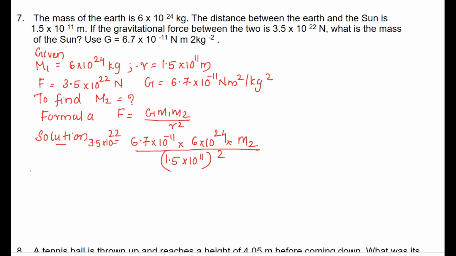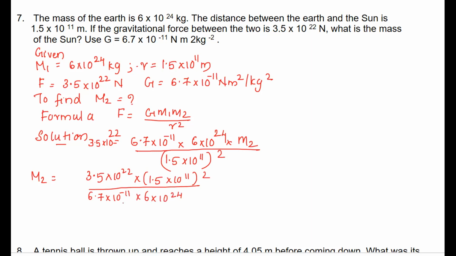So on cross multiplying, we will get M2 is equal to 3.5 into 10 raised to 22 into 1.5 into 10 raised to 11 the whole square, upon 6.7 into 10 raised to minus 11 into 6 into 10 raised to 24 will come.